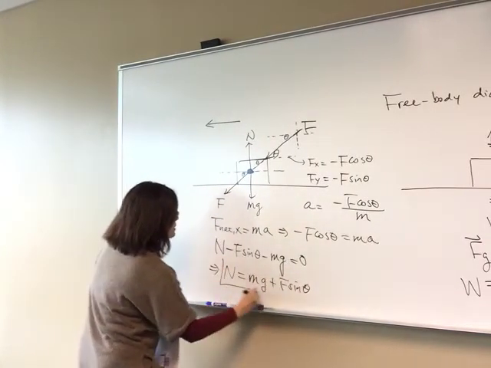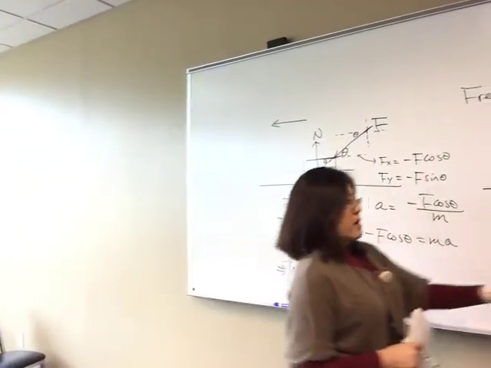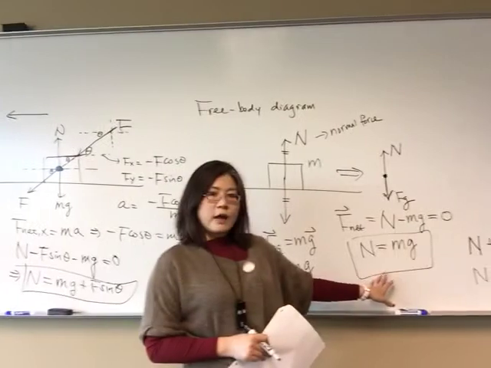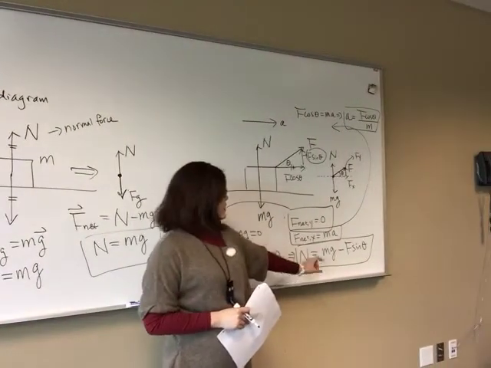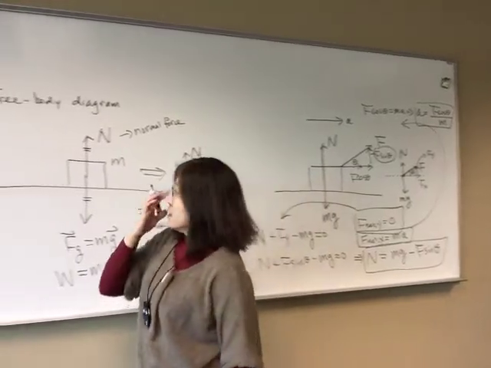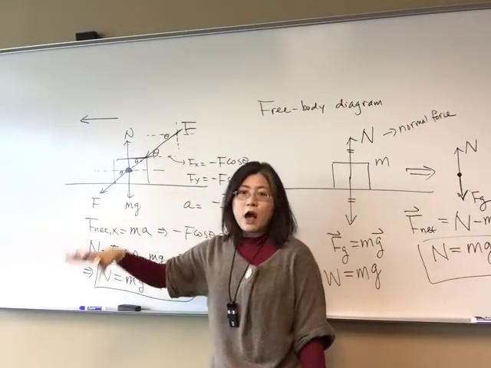So we can see that this normal force, again, is different from this normal force, mg, and it's also different from this normal force. That is because the force now is acting downward, so you actually push the object down.